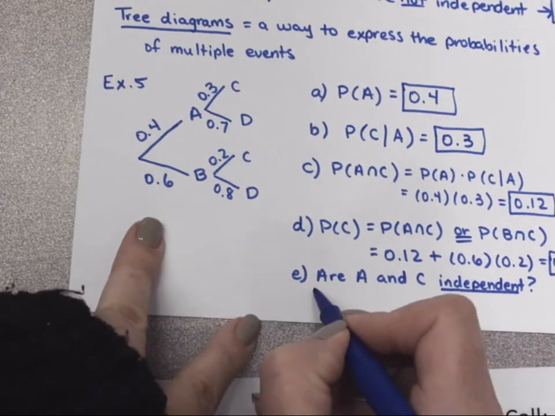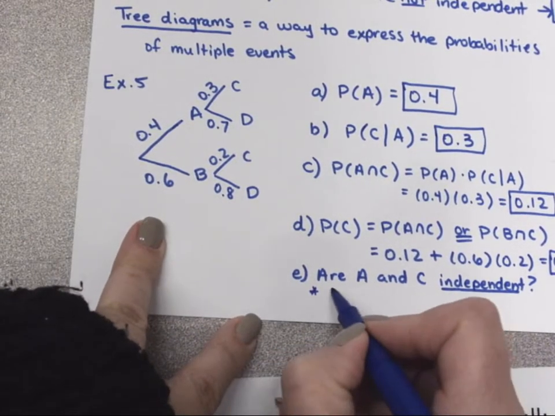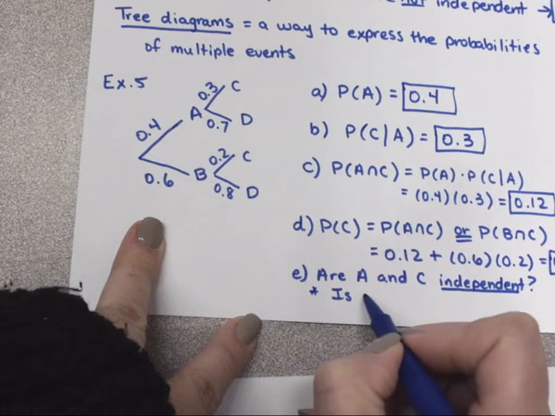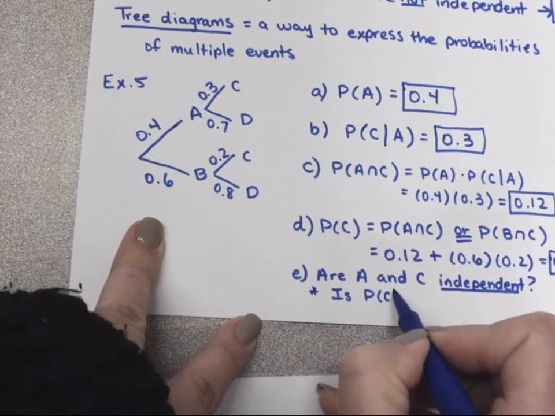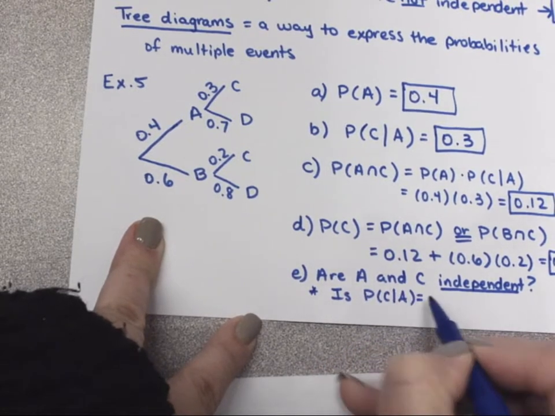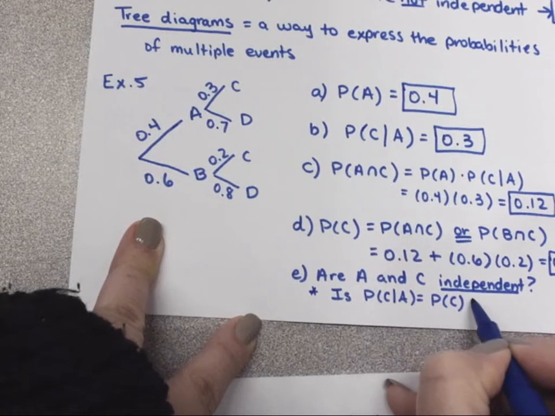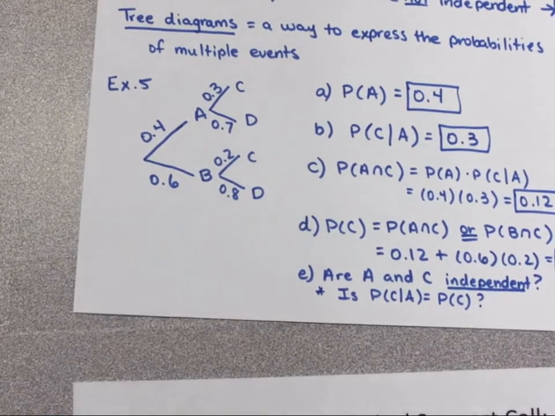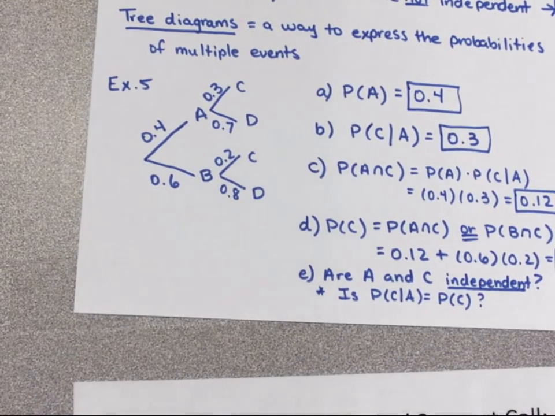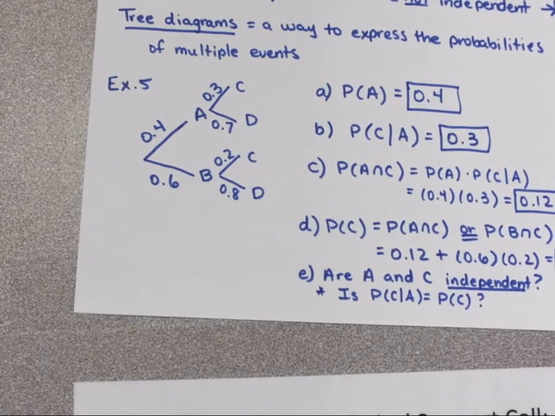What I'm really asking is, is the probability of C given A the same thing as just the plain old probability of C? In other words, is A insignificant in this scenario? Would it matter what we get here?